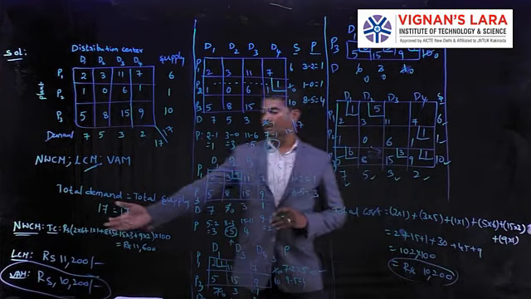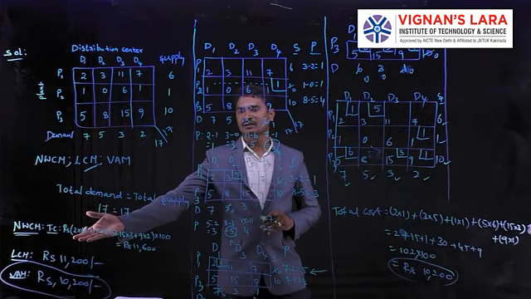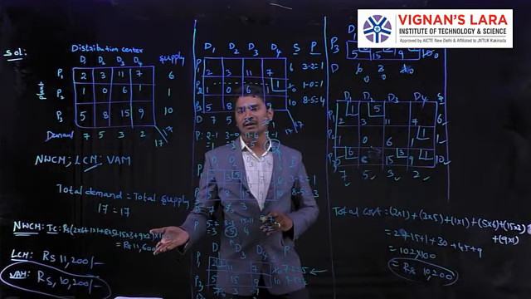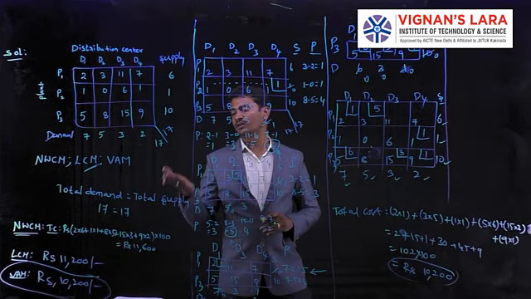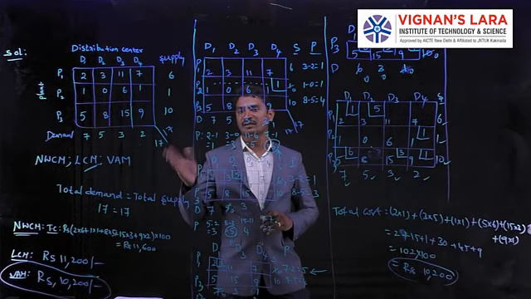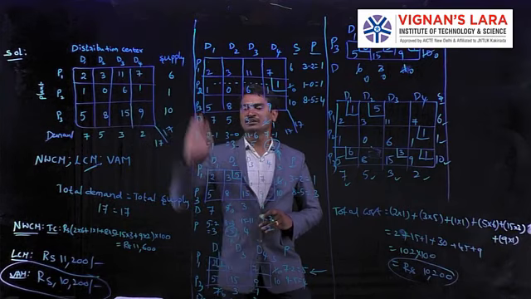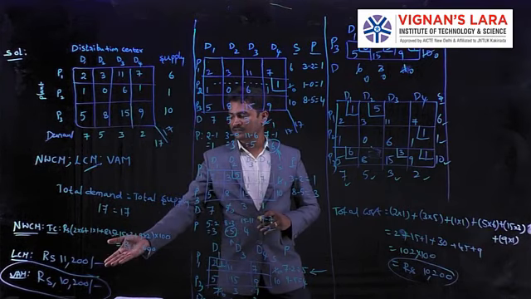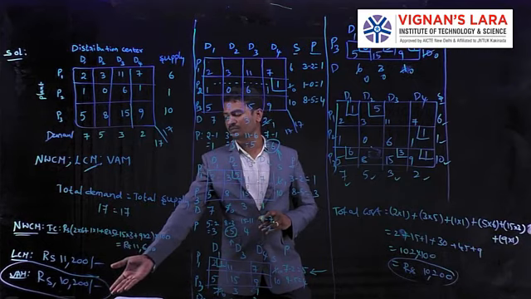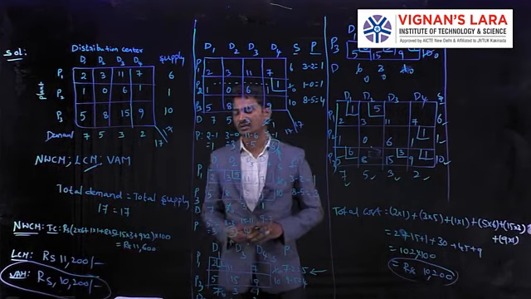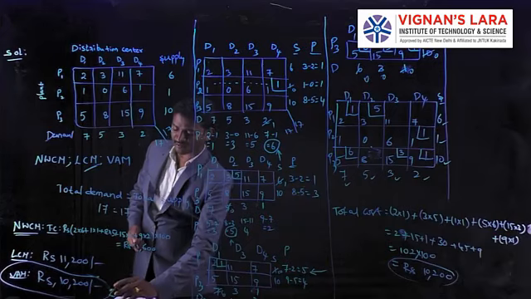From the northwest corner method, for the transportation we required 11,600 rupees for transferring the milk from one plant to a distribution center. In the least cost entry method we have 11,200 rupees, and in the VAM method we have 10,200 rupees. From this we take VAM as the best.